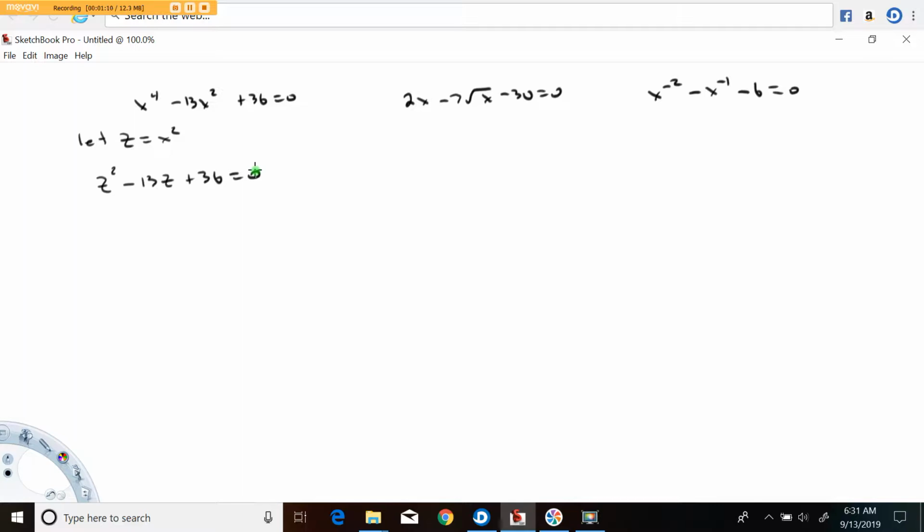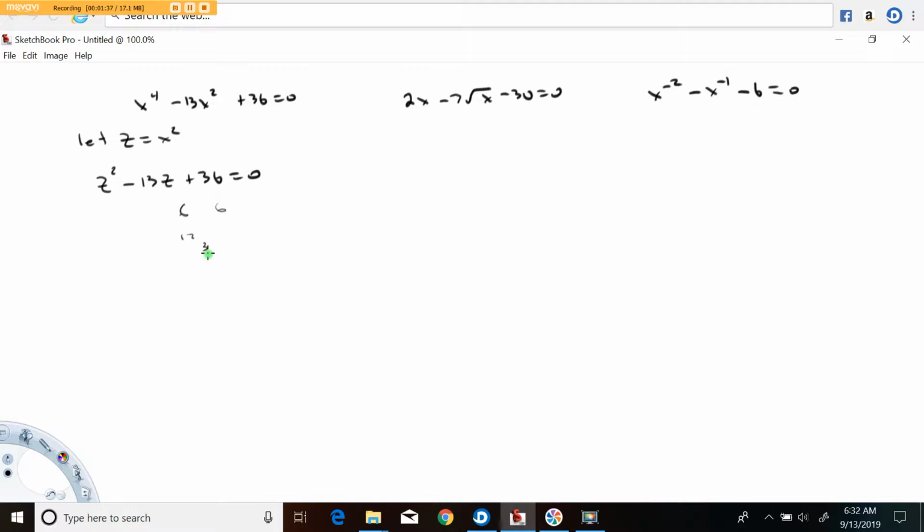So now what we have is a quadratic equation. Now this can be solved either by factoring or the quadratic formula or completing the square. The quadratic formula is my go-to, but I will inspect it here and just see if it'll factor easily. So products of 36. Let's see, 6 and 6, 12 and 3.